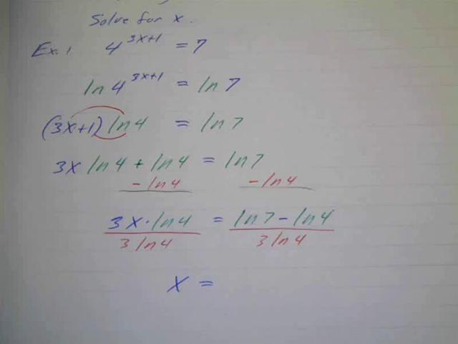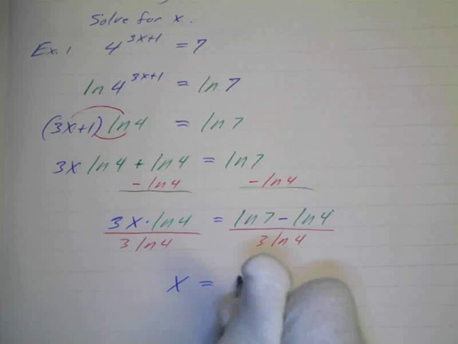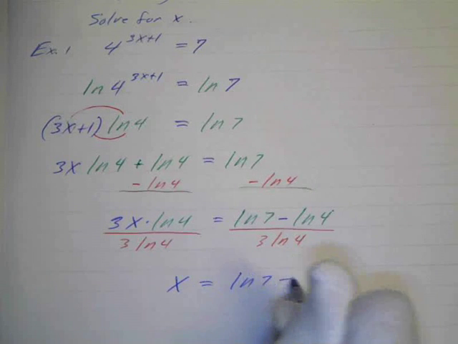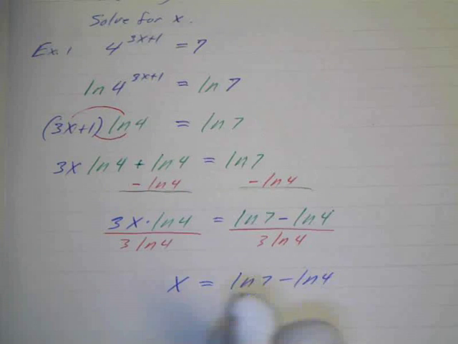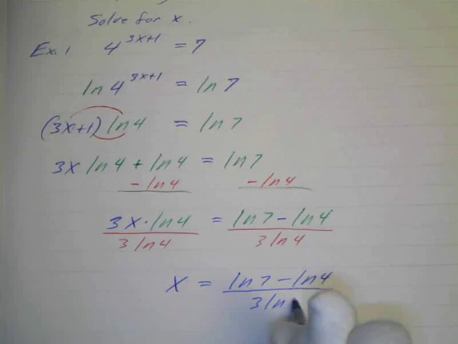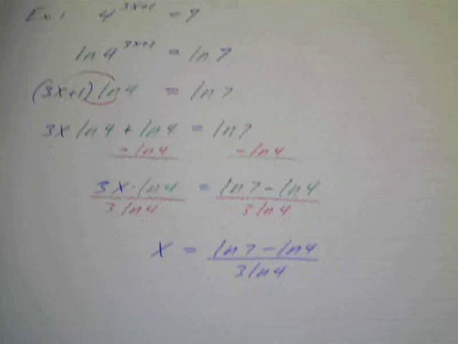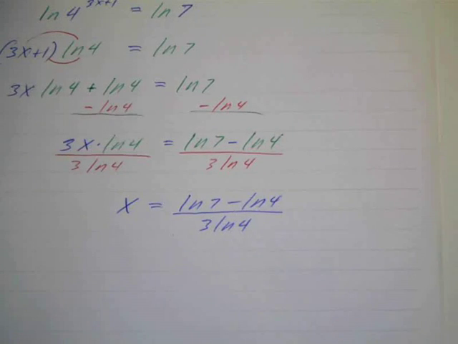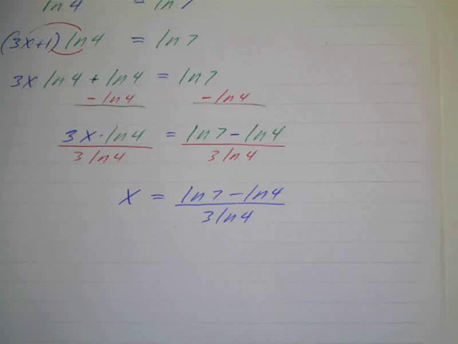And that equals the natural log of 7 minus the natural log of 4, all divided by 3 times the natural log of 4. There's your answer, and we call that calculator-ready form. So we're ready to put that in the calculator and see what we get.